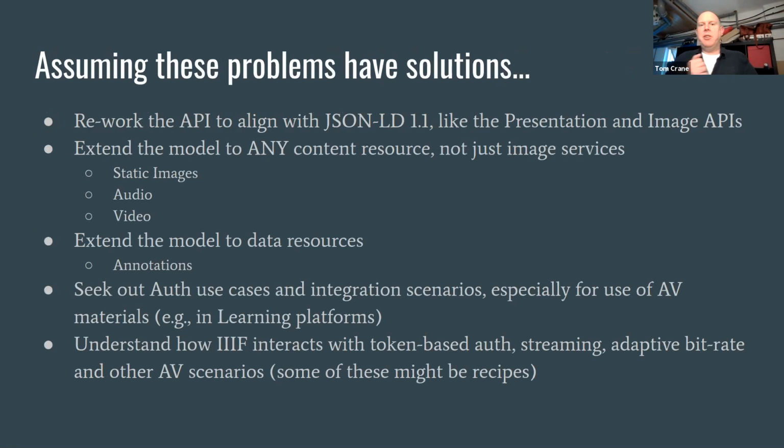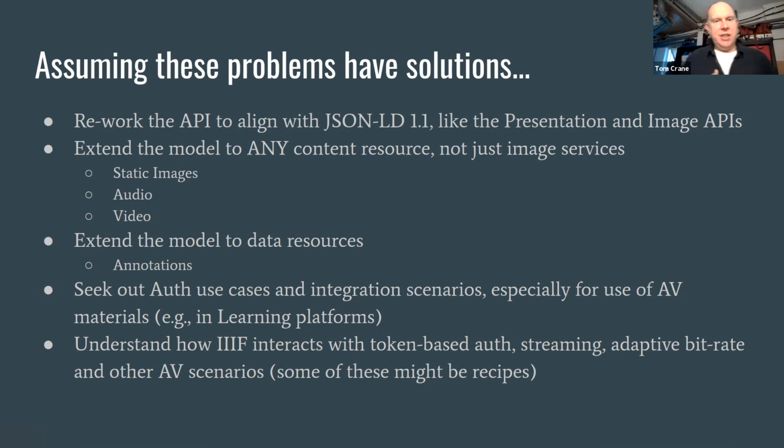So assuming that we get past that, then the work of a TSG will be a bit more conventional, like the search TSG, aligning the spec with the JSON-LD 1.1 spec. We'll be looking at extending the model to support AV use cases, or rather any web resource, because at the moment the IIIF Auth spec deals with image services.